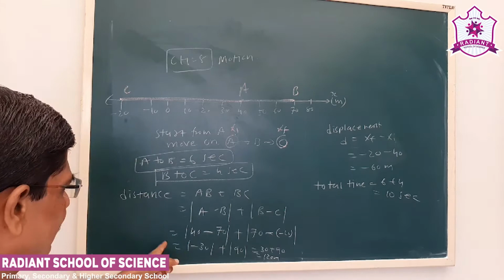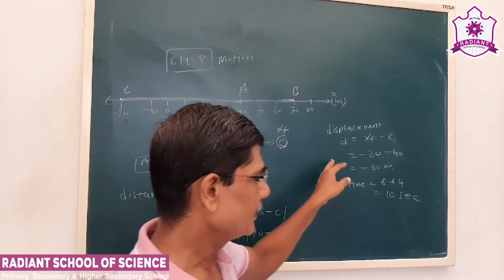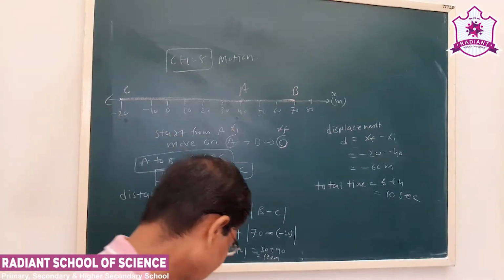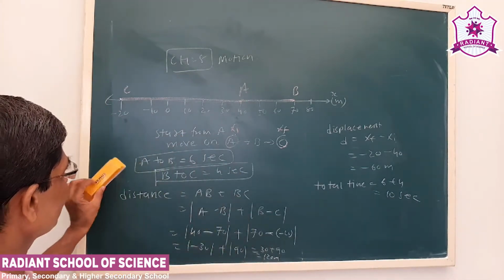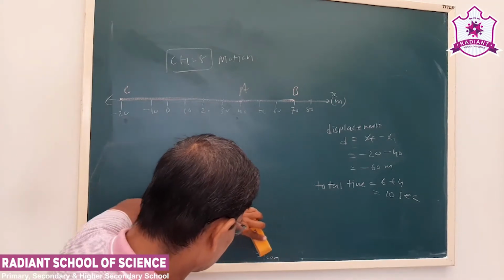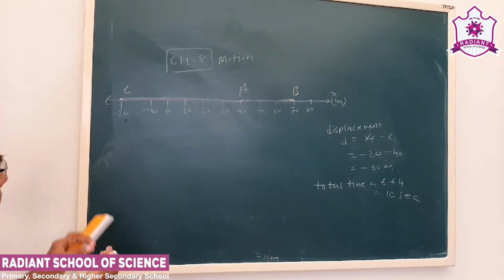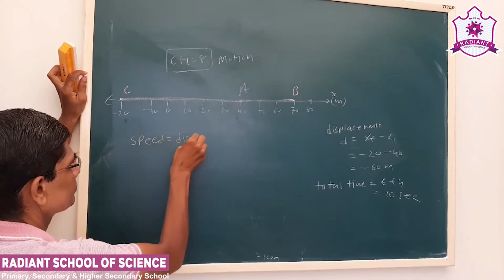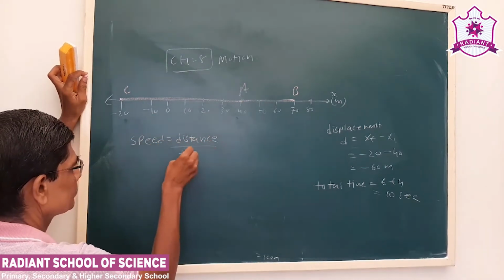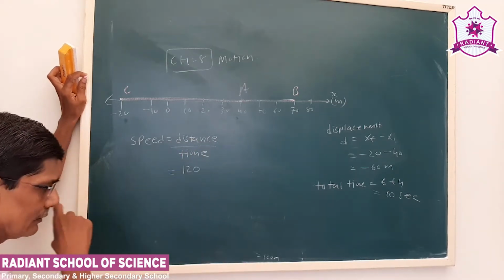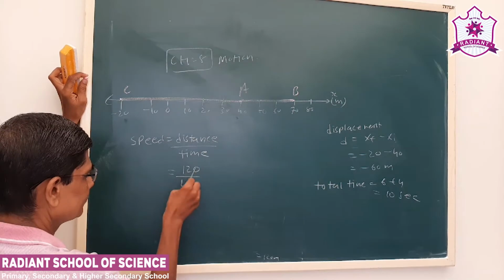Once we have obtained path length or distance and displacement, we can easily calculate the speed and the velocity. Speed is distance upon time. Distance we have calculated as 120 meter, time is 10 seconds.